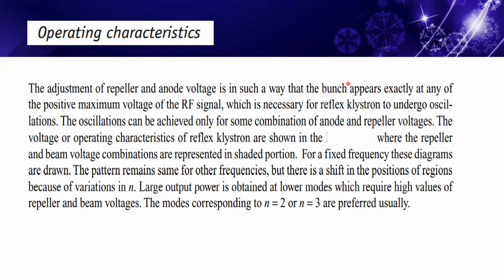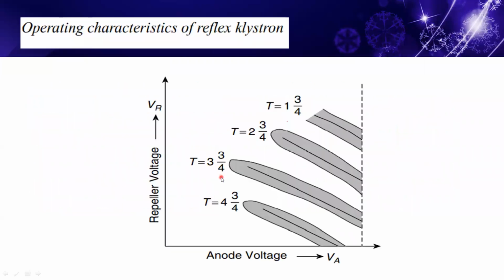Sometimes voltage characteristics are represented here. These are the voltage characteristics for the two cavity reflex klystron. The shaded areas show possible oscillation combinations, and the heavy lines represent optimum combinations for each value of n equal to 1, 2, 3, 4.